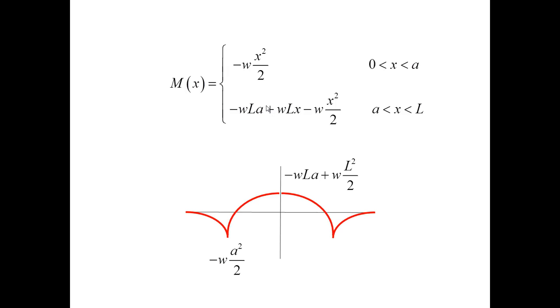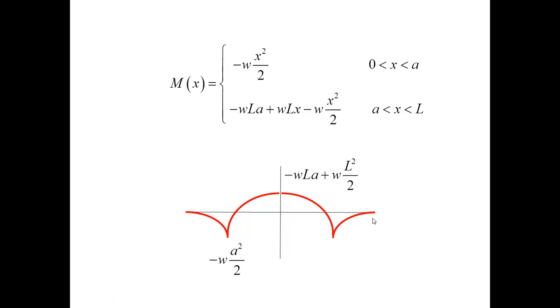We can plot these functions, and you can see that if I plot the function in the middle and extend it beyond L, there is symmetry here. And this symmetry implies that I can take the left branch of the function and have a mirror image of it on the right.